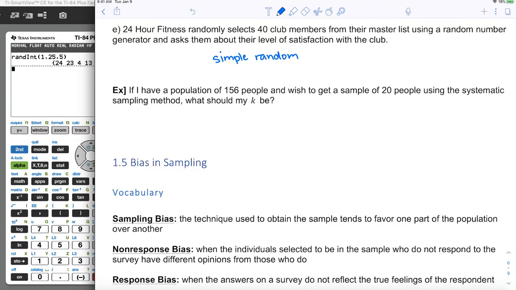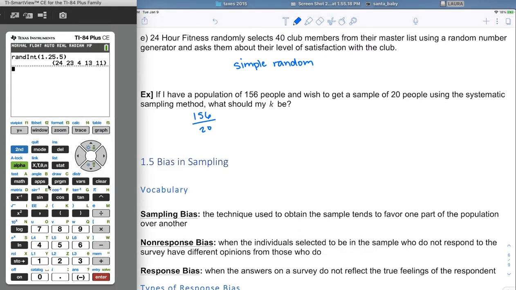If I have a population of 156 people and wish to get a sample of 20 people using the systematic sampling method, what should my K be? So you always take your population size and you divide it by your desired sample size. So let's go ahead and do that in the calculator.